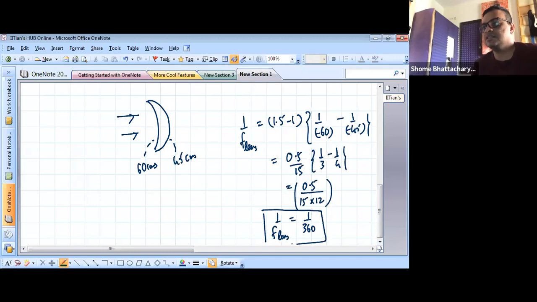So as you can see, the lens is a converging lens of focal length 360 centimeters.